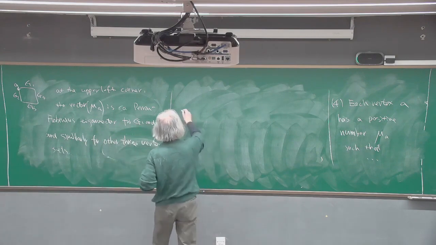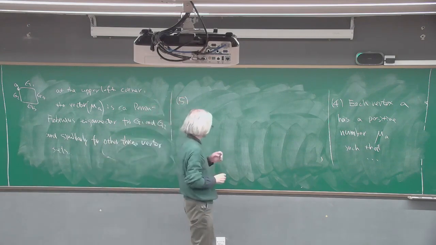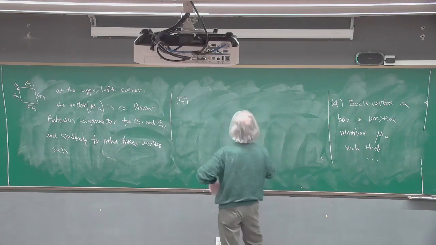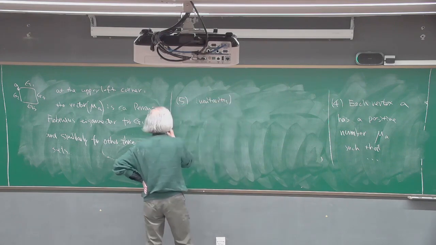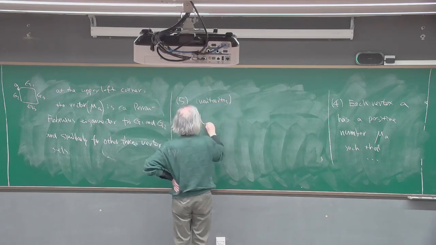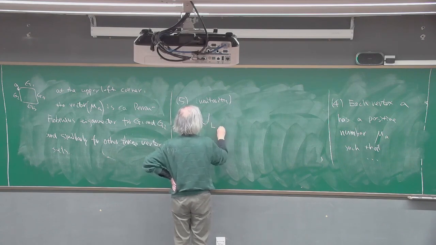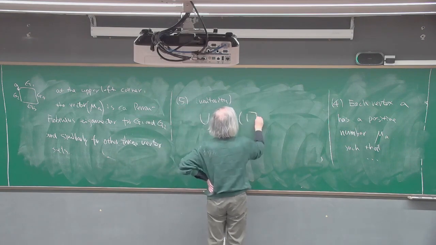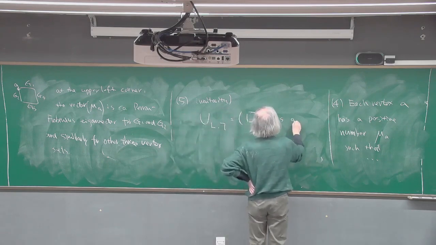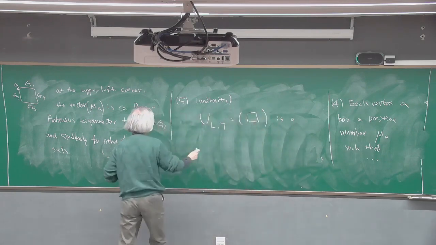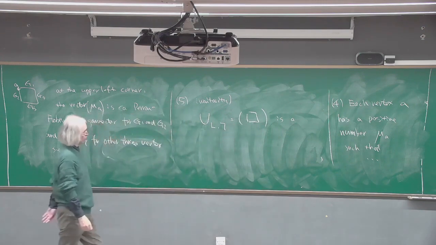Then the other important one, unitarity. So this is unitarity. The matrix given by this is the unitary matrix. The right-hand side is the convention I explained.